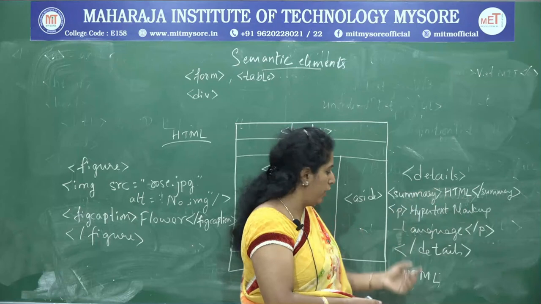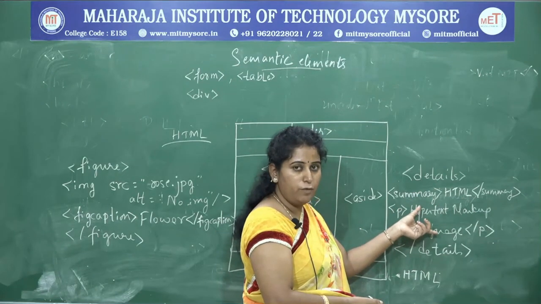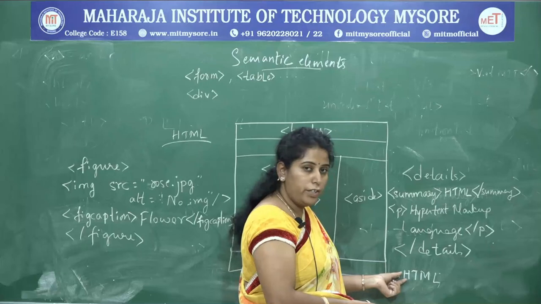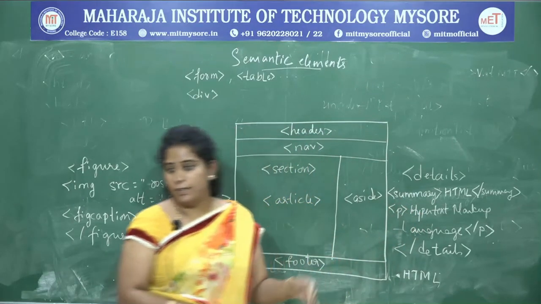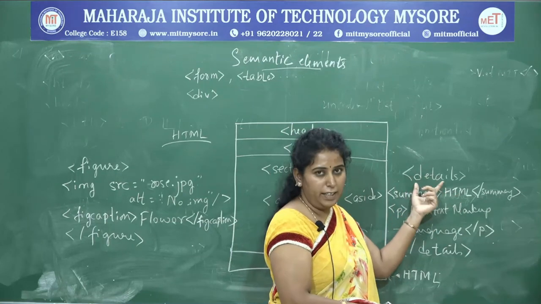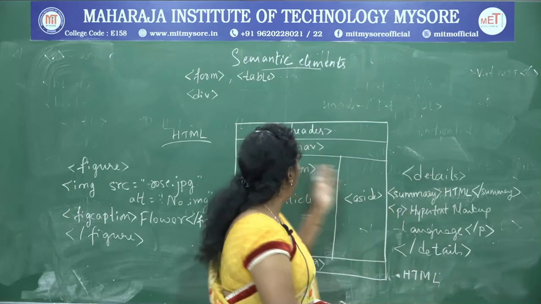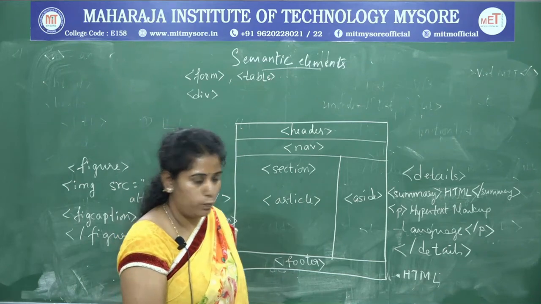This is a label. Okay. So when you click on this, the paragraph given inside will be printed. Again, if you click on this, it will be closed. This is about summary and details. Summary represents a visible heading for the details. Okay. So this is all about semantic elements. Thank you.